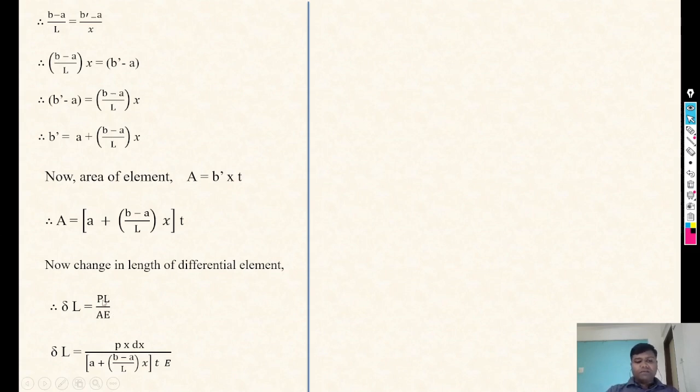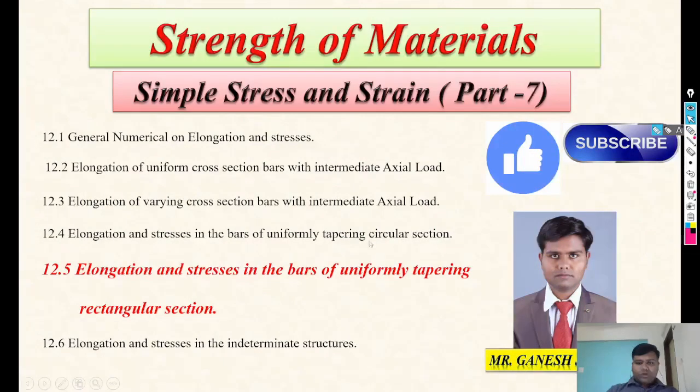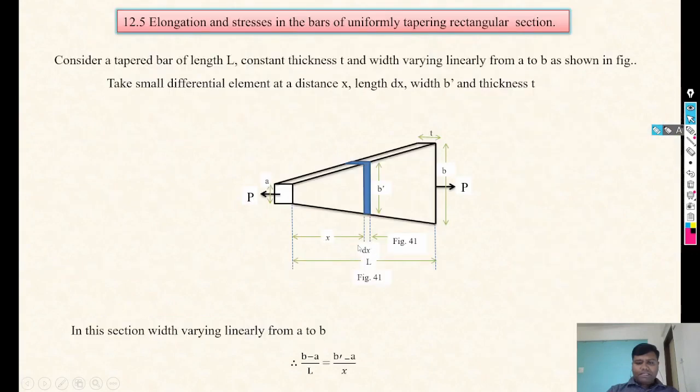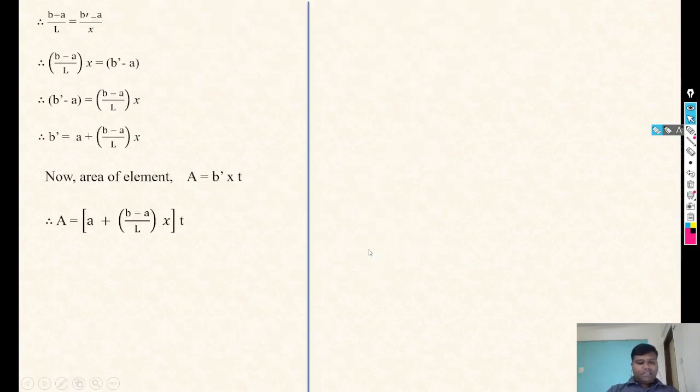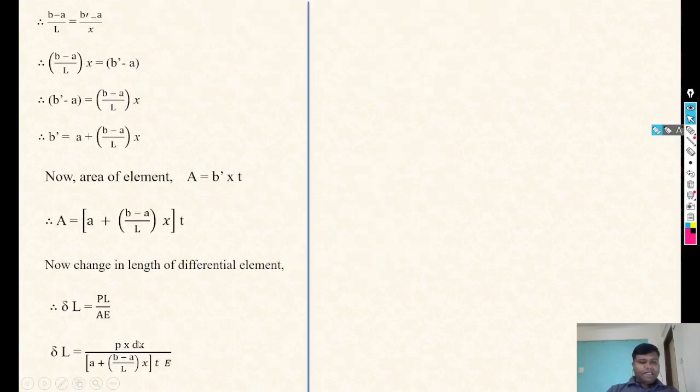And L is dx for that tapering section, the small section. We are applying this formula on the small element. So the length of that small element is dx. So just consider this L as dx.